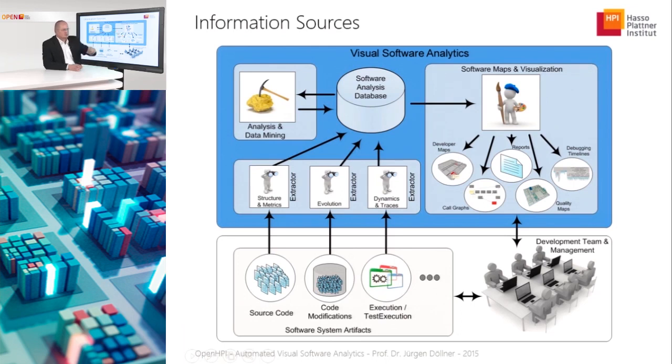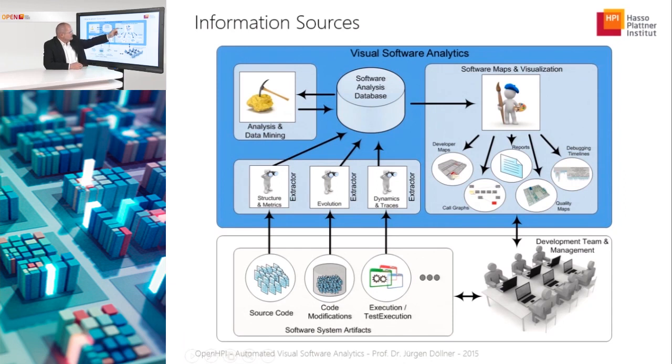This is the stage where visualization technology comes in, and for example, we can use different kinds of software maps, for example, a developer-related map or a quality-related map or any other kind of visualization technique. In this case, however, we will focus on software maps and how they are composed.